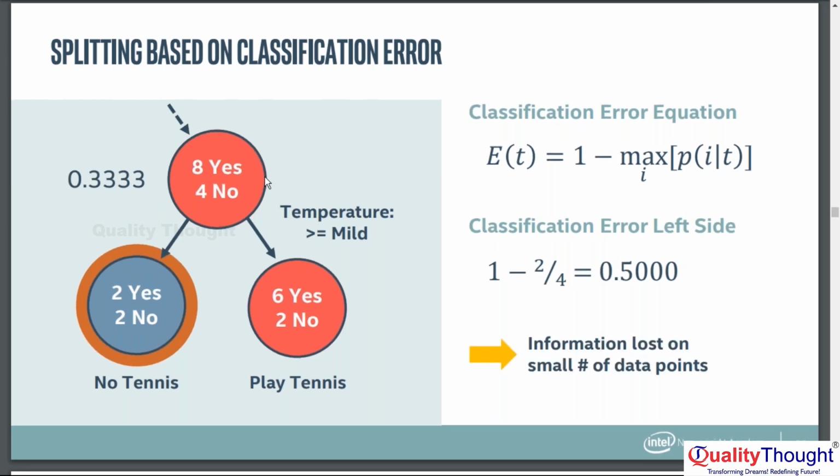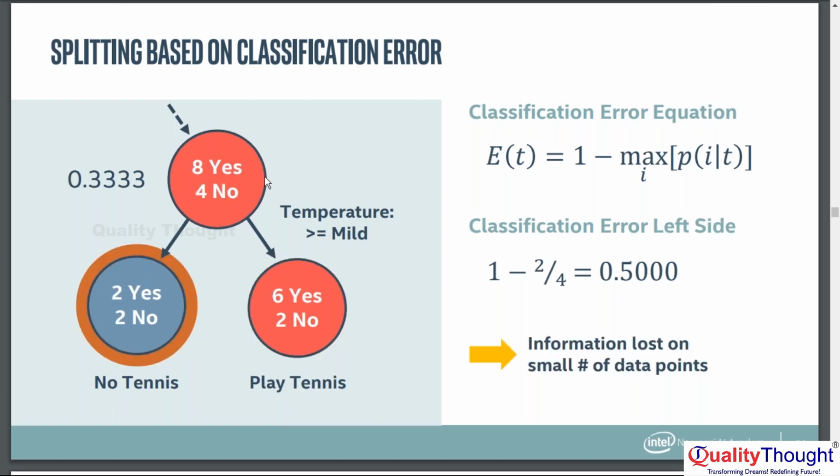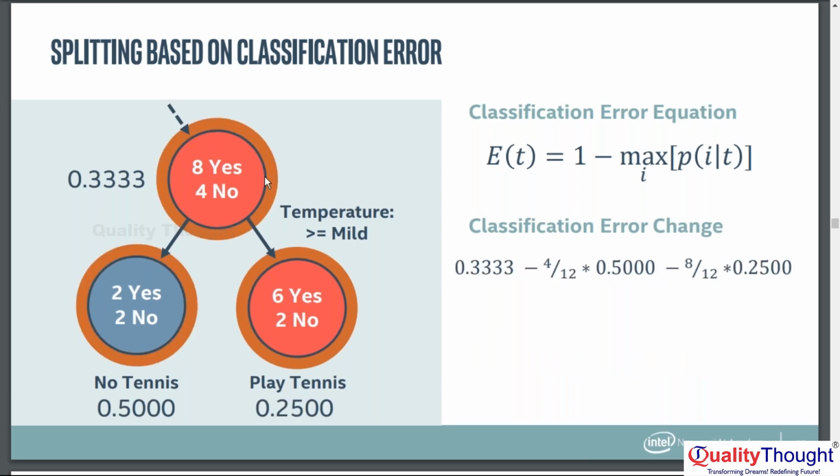Whenever we have a classification error of 0.50, the information was lost on the small number of data points, meaning the information is good in the higher number of data points. Here we have 0.33, here it is 0.50, and here it is 0.25, which is 1 minus 6 by 8. So we can clearly understand 0.333 minus 4 divided by 12. Why 4 divided by 12, guys?